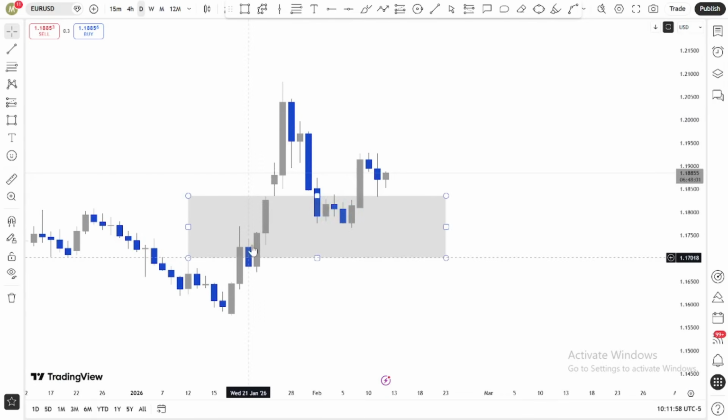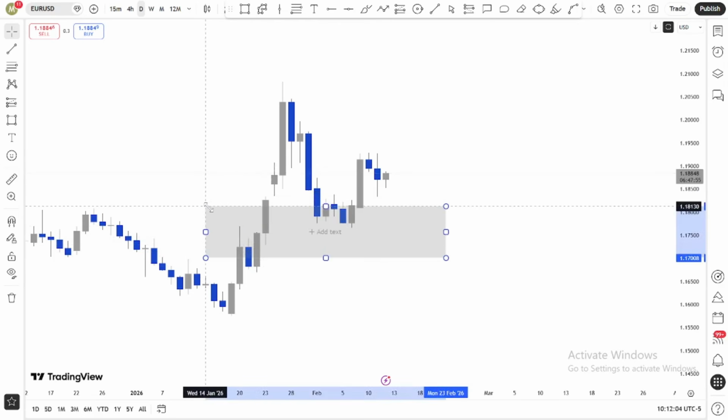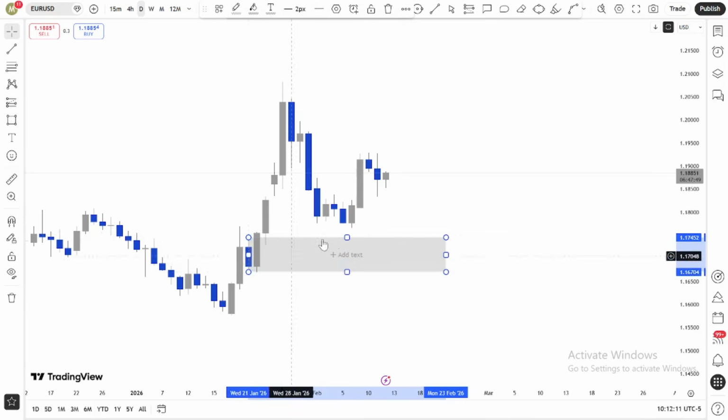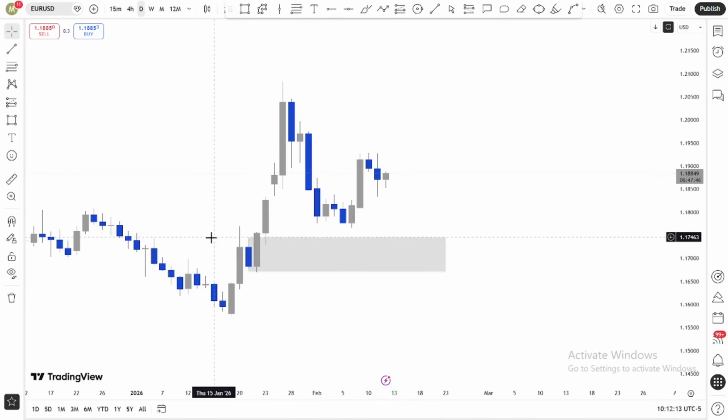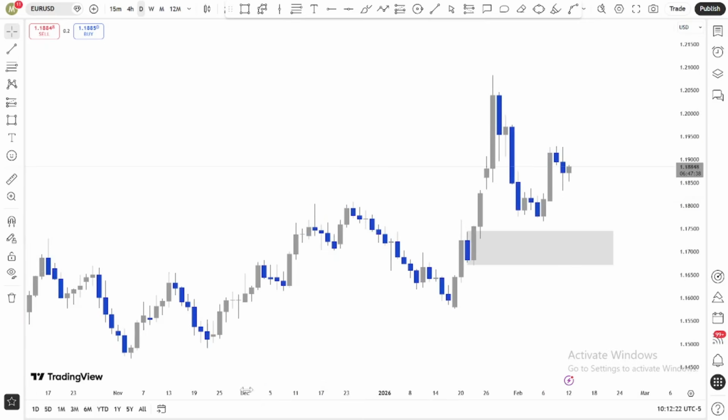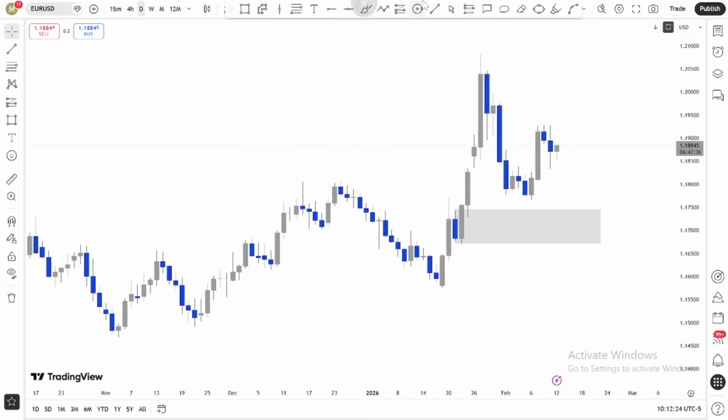That gap we spotted on the weekly time frame, I'm just going to adjust to this level here, and you can see that price traded into this fair value gap. Now let me label the level so that you understand.